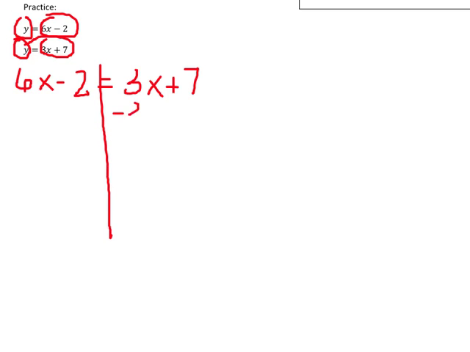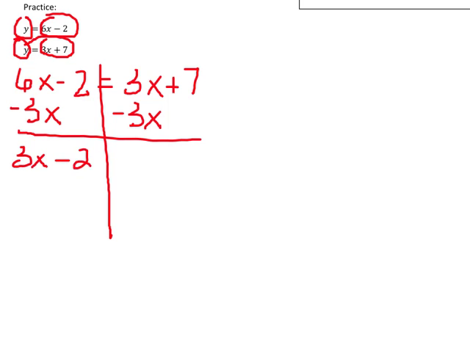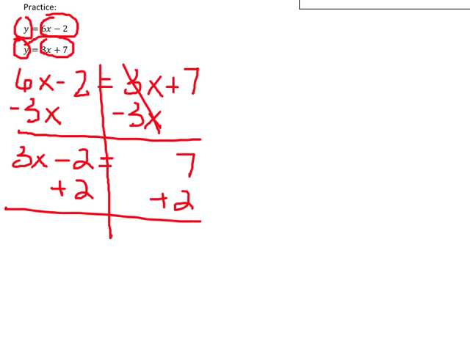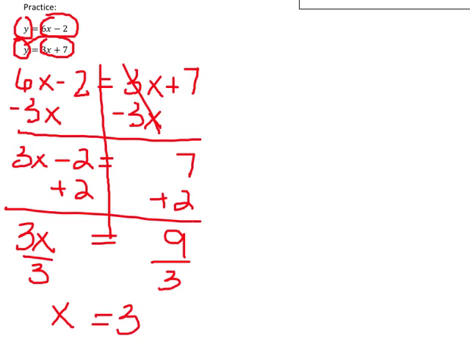So I want to get the x's on the same side first. So subtract 3x from both sides. We get 3x minus 2 is equal to 7. These cancel. I add 2 to both sides. So now I have 3x equals 9. And then I divide both sides by 3. So x equals 3 is my answer for x.